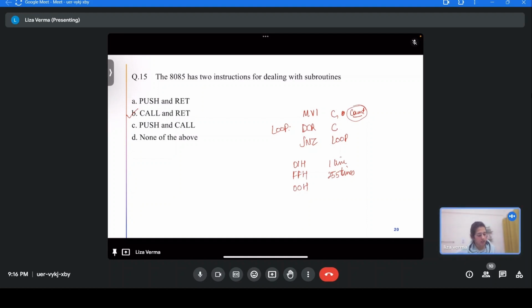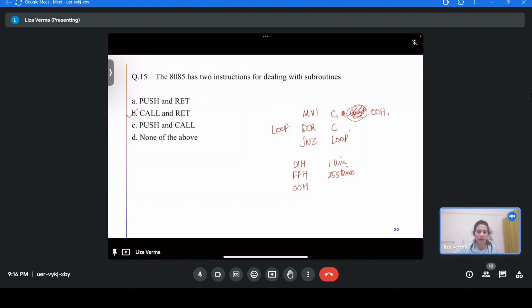Take this example: if I load it with 00H, and the next instruction is to decrement C, it will go to FF.